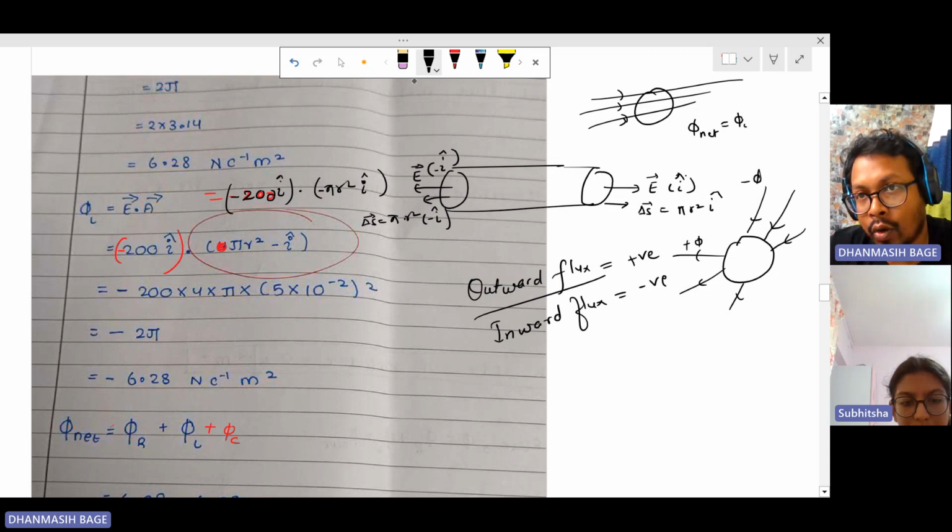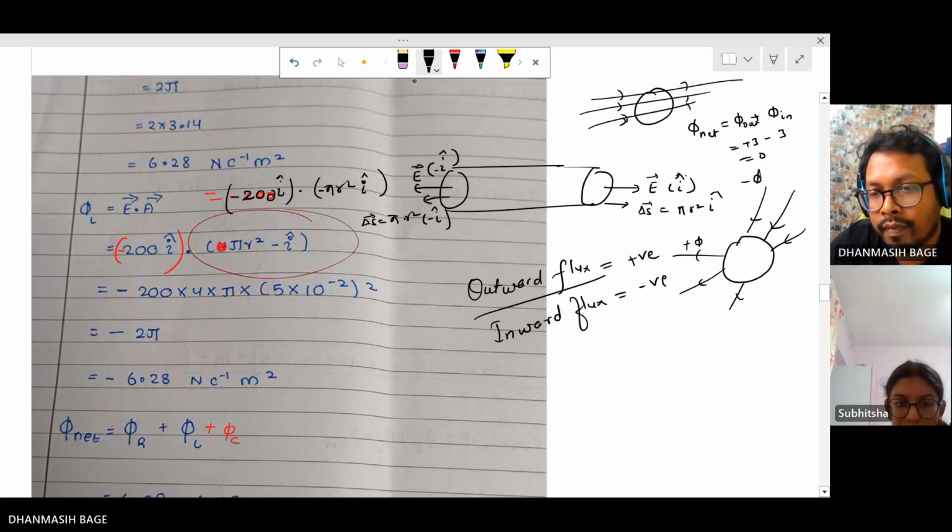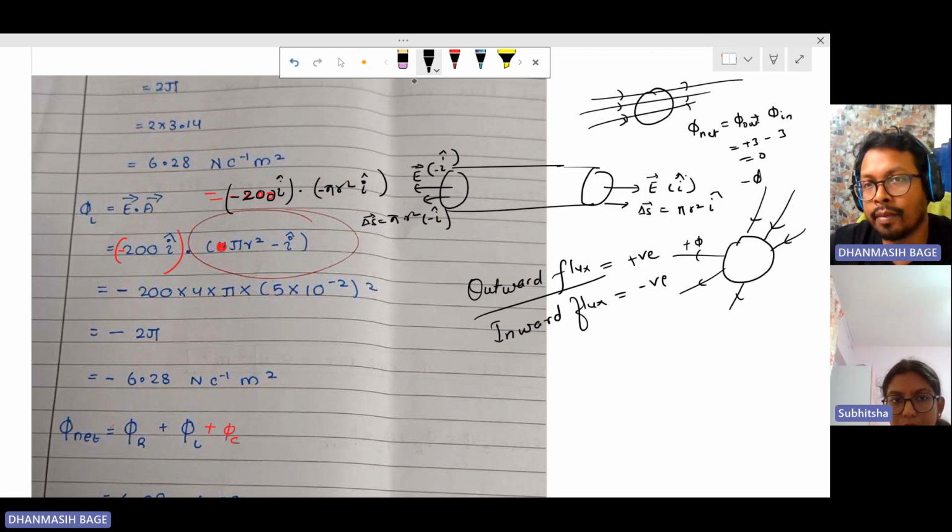Total outward flux, total inward flux. The number of field lines going out will be taken as positive 3. If I take inward as minus 3, that is 0. I just calculated the number of field lines, but eventually you have to calculate EA cos theta, right? That is the thing.